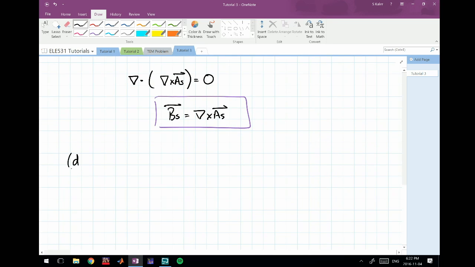Okay, that's part C. Now, this next part, he also does in class, and this is also in your textbook, so if this part doesn't make sense where I do it, maybe you can go back to your textbook and look at it there.